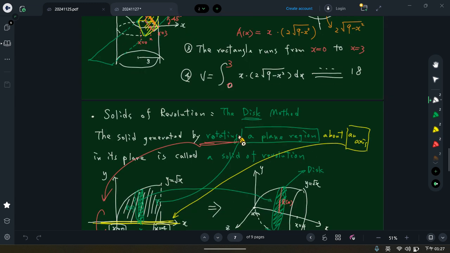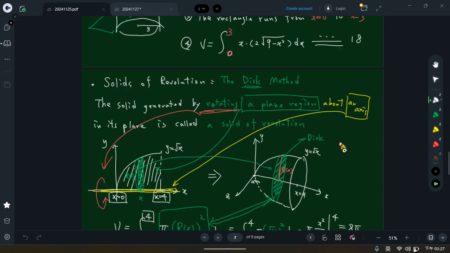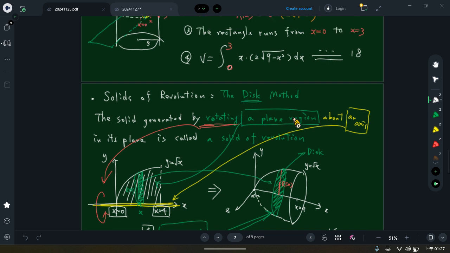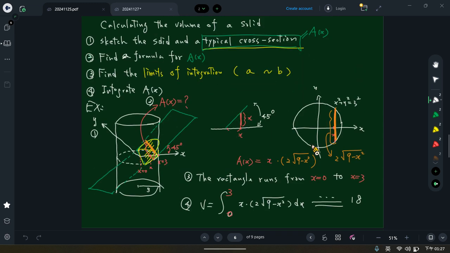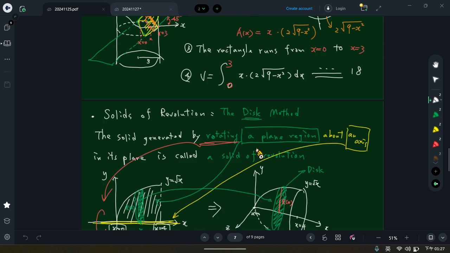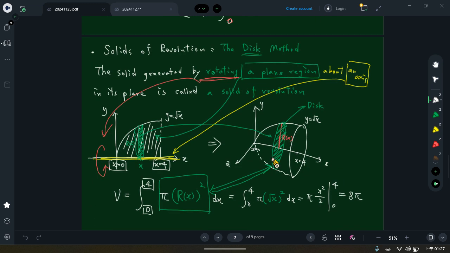So this is a typical example, and we also learn about the first idea about the solid of revolution by using the disk method. This method follows this idea. Then you can get the typical area for each piece.